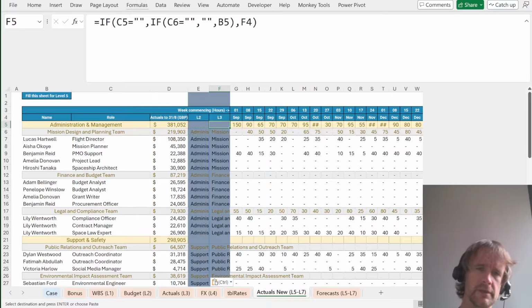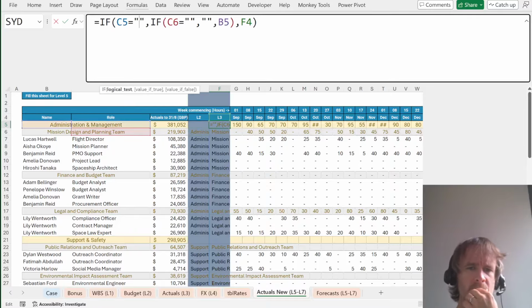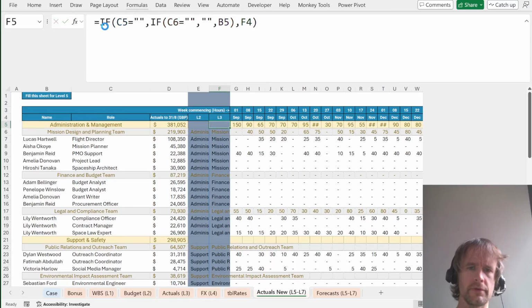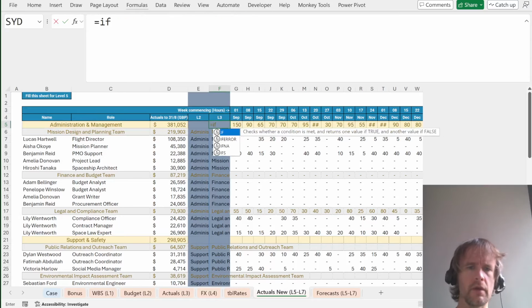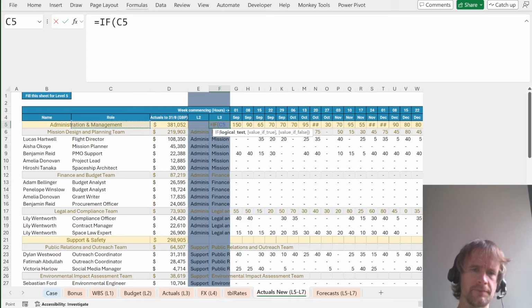All right, and then I need to make a similar change here. So if C, what am I saying? Just start again. If this is equal to blank, then in the new world I want that to be blank.